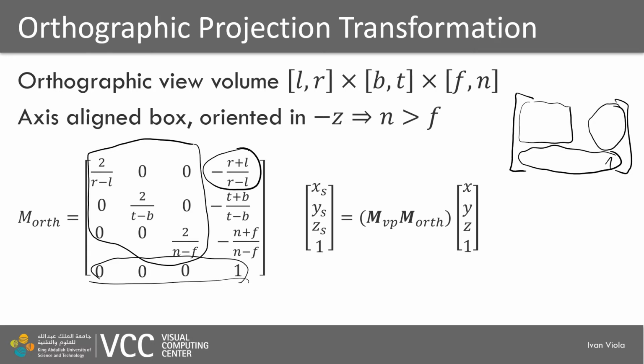The translational part, as we know from these types of matrix, will be applied after, so this will be the first transformation, and the translation will be the second transformation.